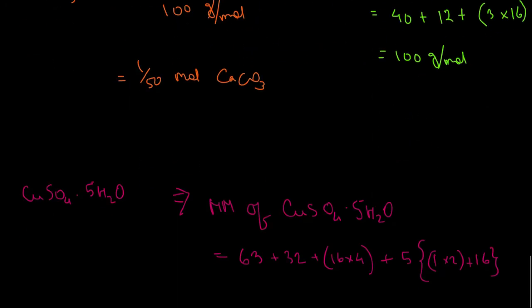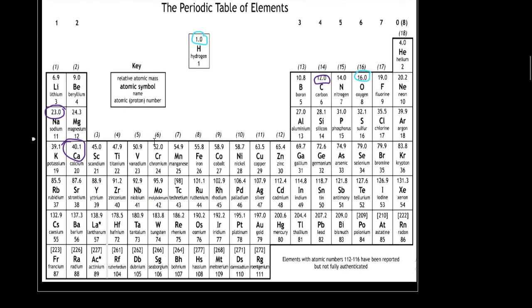But like I said, always check if there's any lone pair. So nitrogen is the central atom, and I'm going to check the periodic table again. Nitrogen is in group 5.